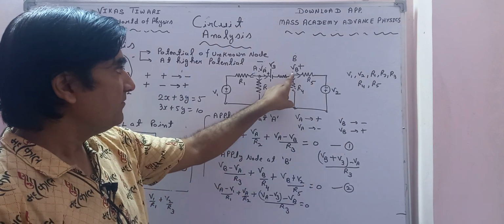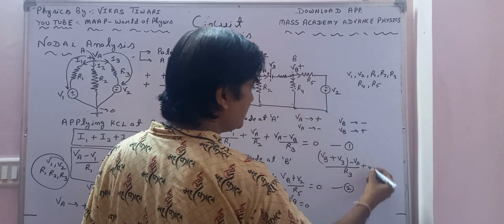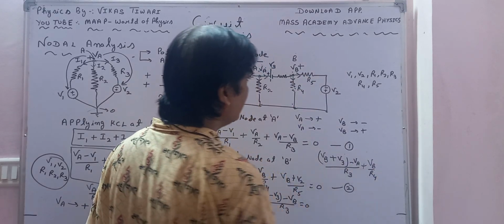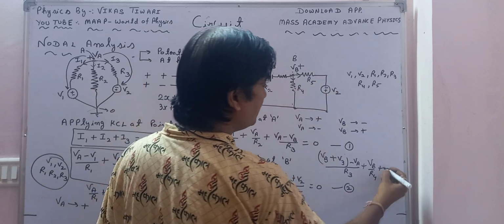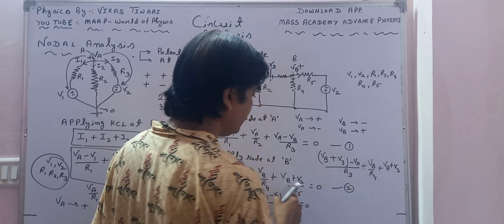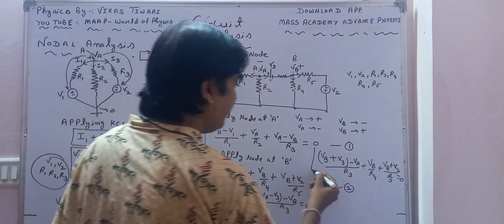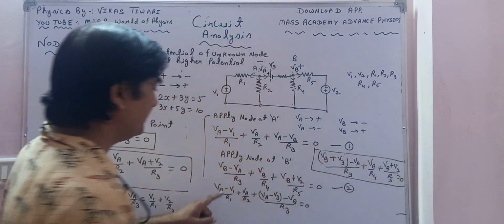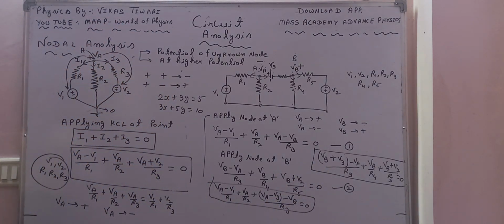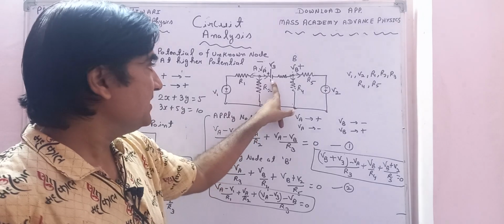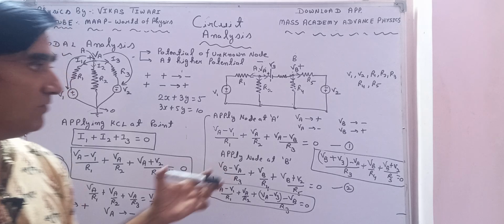Now it will become VB plus V3 minus VA upon R3, plus for this one there is no change, VB upon R4, and for this particular term plus faces minus, so it is VB plus V2 as it is over here, divided by R5, and it is equal to 0. So this is the first equation and this is the second equation, when I have made a change in this circuit by introducing a battery V3 over here.